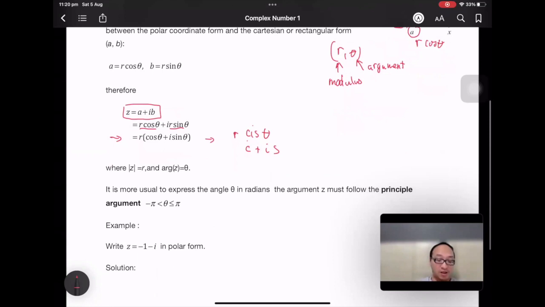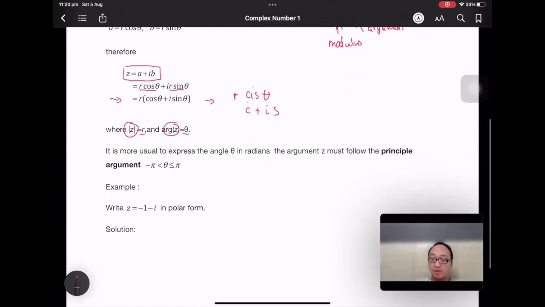The r is the modulus and theta is the argument of the complex number. And we have to remember that the principal argument is always from negative pi to pi.